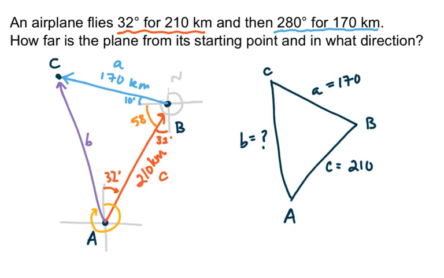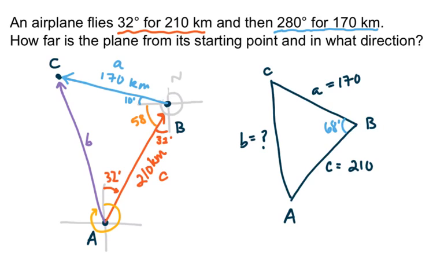And if this piece is 58 plus that 10, we know this angle B then is going to be 68 degrees. So we have to do a little bit of logic, but now we see we have a side-angle-side triangle. We know the included angle. And when it's side angle side, that means we're going to use the law of cosines.